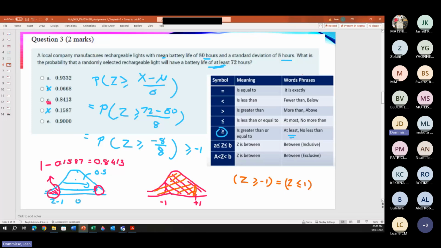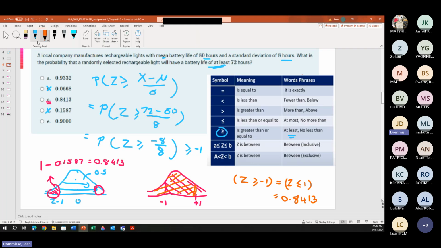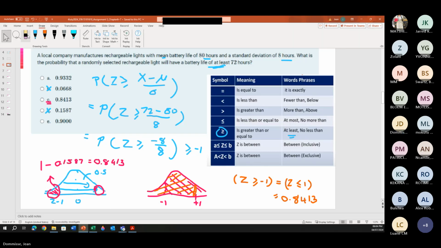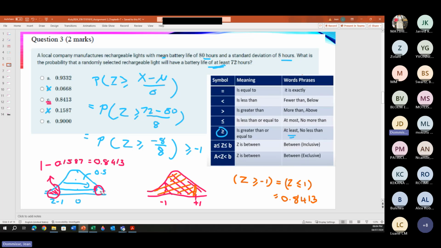Okay, so again, it is looking at what is the easiest way for you to answer this. I first automatically went, okay, I want to get that small area, because if I get that small area and I take that from the total, sorry, I just want to take away that circle.